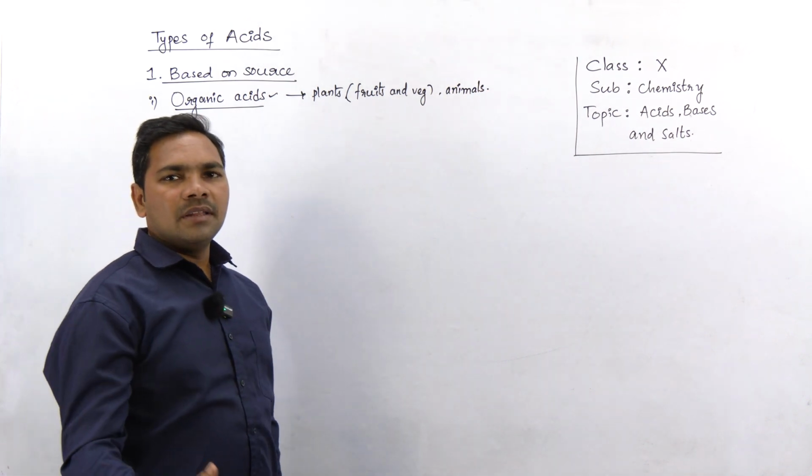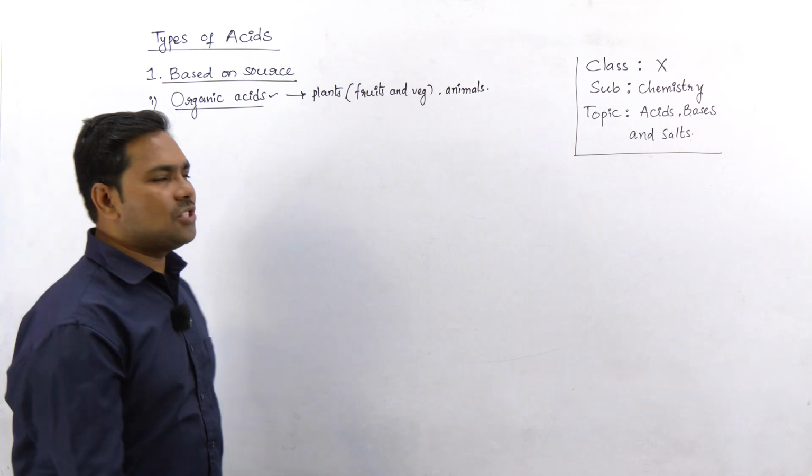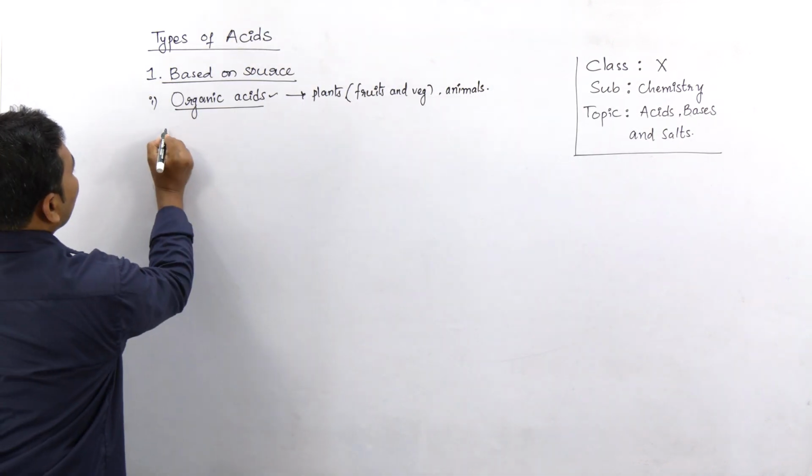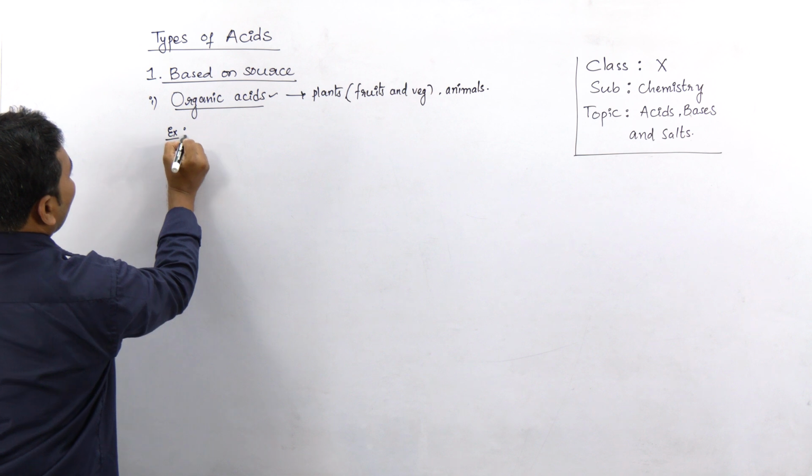They are natural. They are not man-made, they are produced in nature. What are the examples of organic acids?